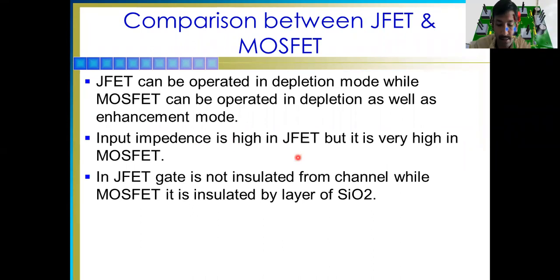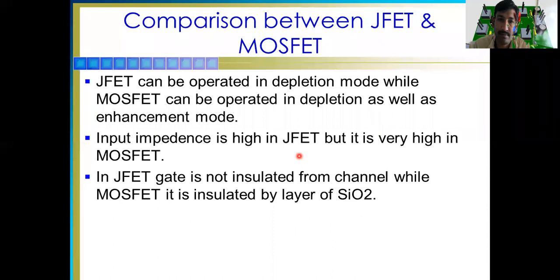BJT is more noisy, while the FET is less noisy, and BJT's power consumption is more, while the FET's power consumption is less. BJT has a shorter life and less efficiency, while the FET has a longer life and high efficiency. BJT is used for low current applications, while the FET is used for low voltage applications.